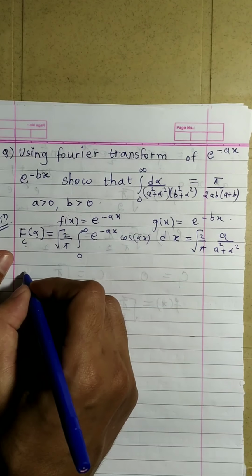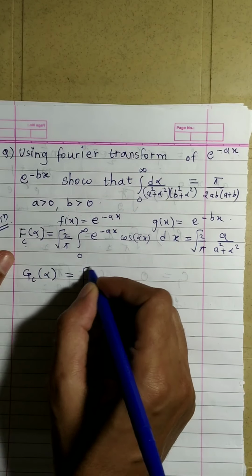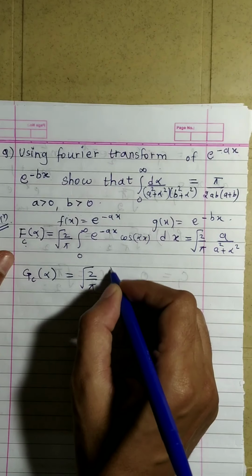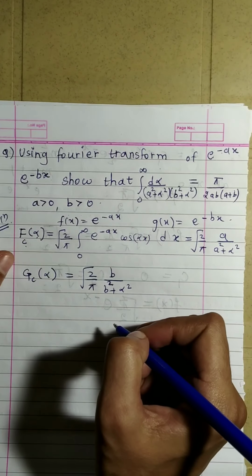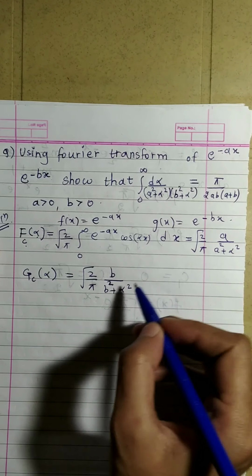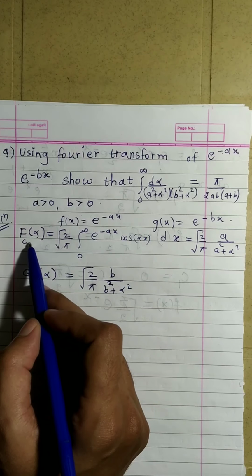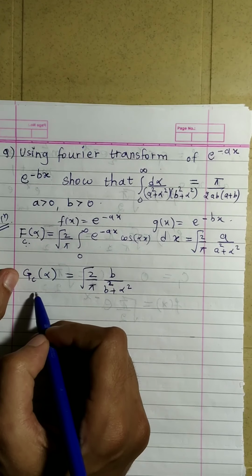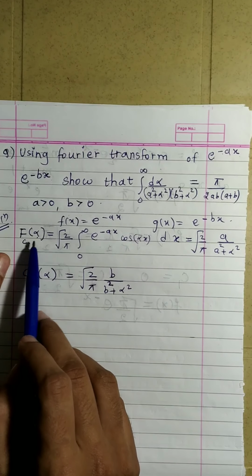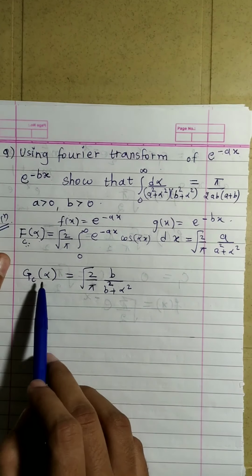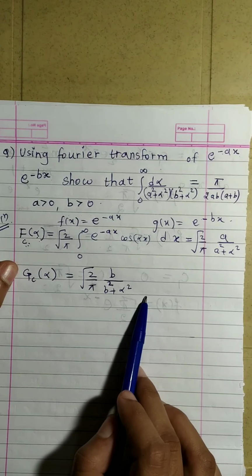And similarly, the Fourier cosine transform of the function g of x is root of 2 by pi into b upon b square plus alpha square. We have already found out these Fourier cosine transforms and even the sine transforms, so I am writing directly that the Fourier cosine transform of this function is this, and of this function is equal to this.